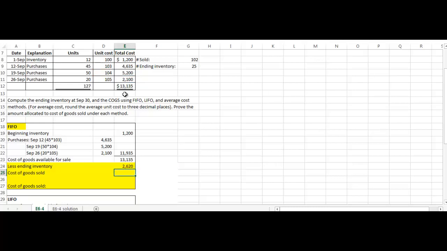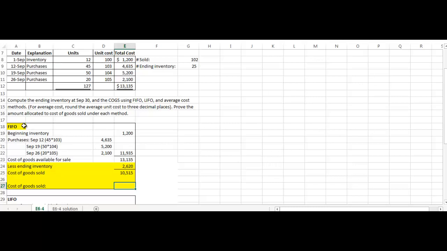So our value for ending inventory is $2,620. Our cost of goods sold is equal to the cost of goods available for sale minus our ending inventory, or $10,515.